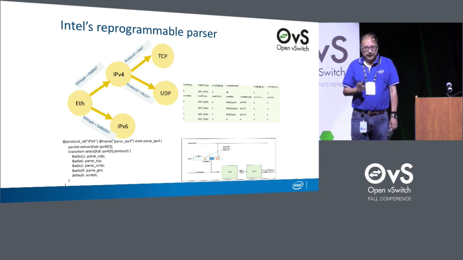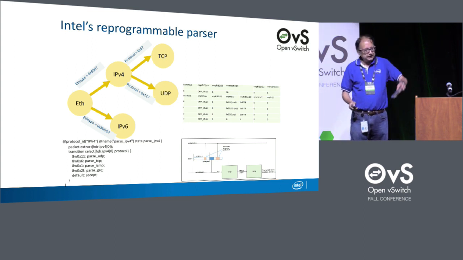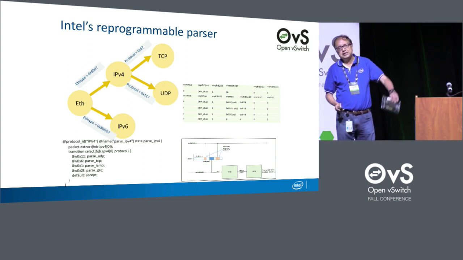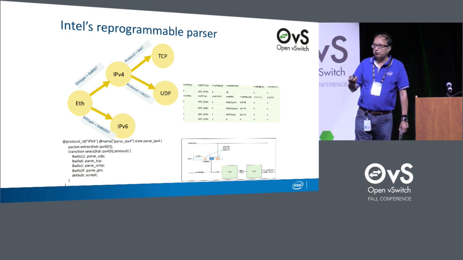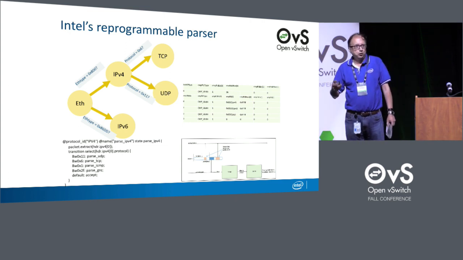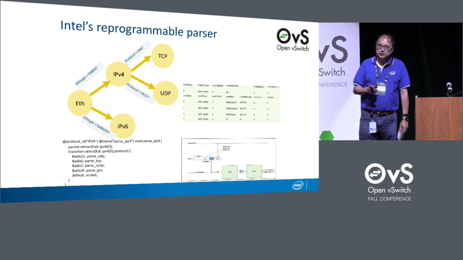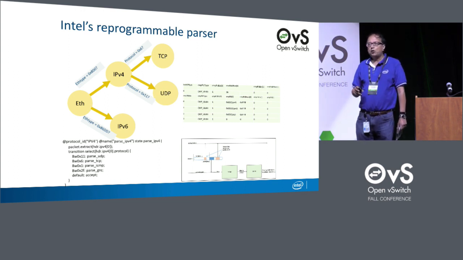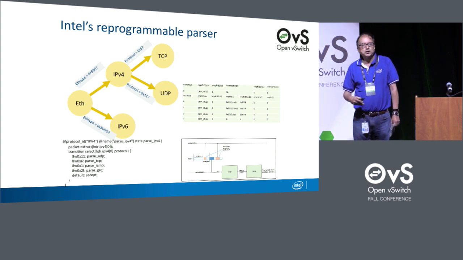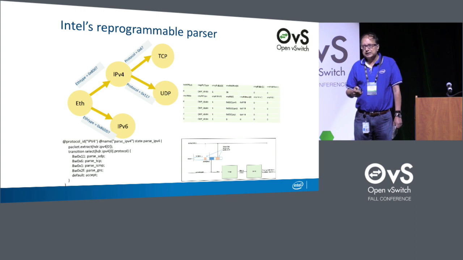Since I said that this is an FPGA-based SmartNIC, I think some of you may have already thought that, okay, then programmability is built in. What is new is that we are no longer talking about FPGA recompilation, because as we understood the requirement of our customer, we realized that in some cases there is no time to recompile the FPGA.